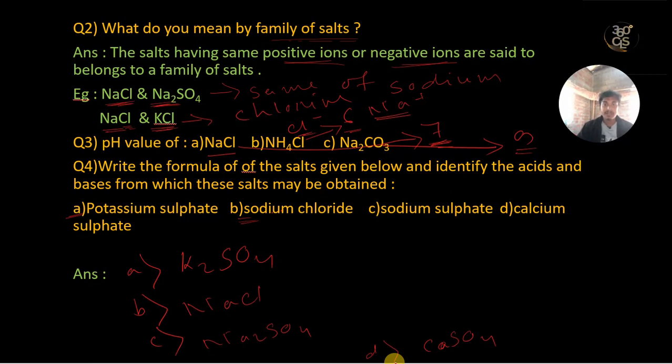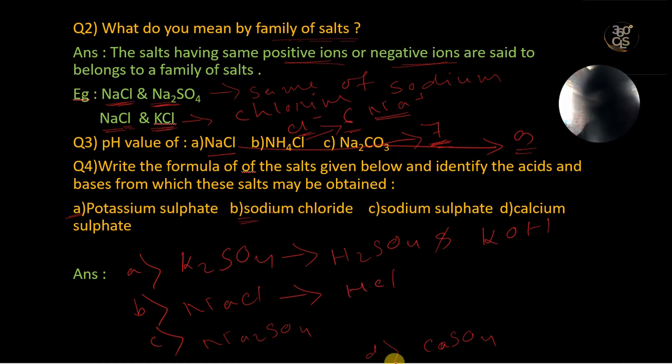Now acid. For potassium sulfate, acid will be H2SO4, that is sulfuric acid, and base will be KOH. In case of NaCl, acid is HCl, then base is NaOH.